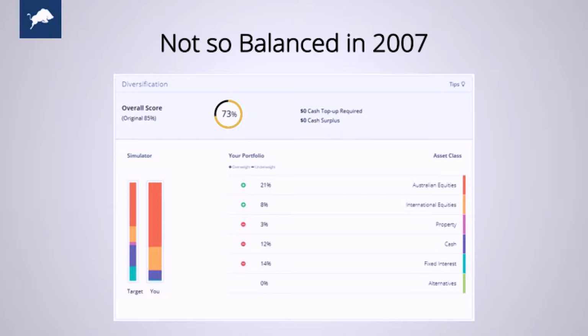Now, if we were rebalancing this portfolio, as the Australian equity and international equity components have run, we would have been forced to trim from those holdings and put that into the positions that are more underweight, so your cash and fixed interest. That would, of course, improve our overall health score, but it would also prepare us for what's coming up, which is the GFC.